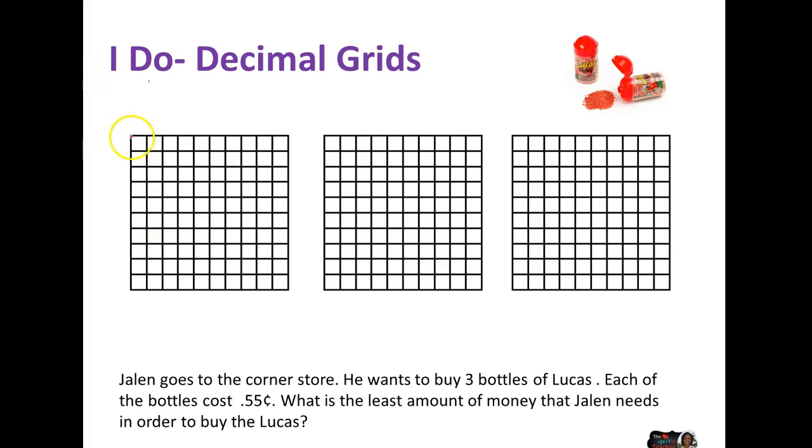So let me go ahead and, so I know that half of a decimal grid is 50. So I'm just going to shade in 50 first. So I'm shading that in.